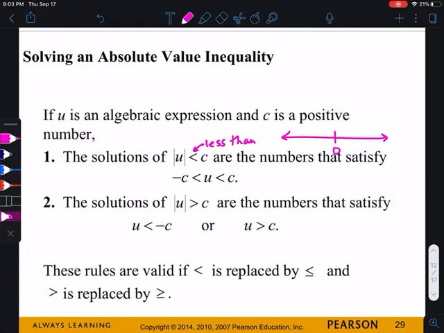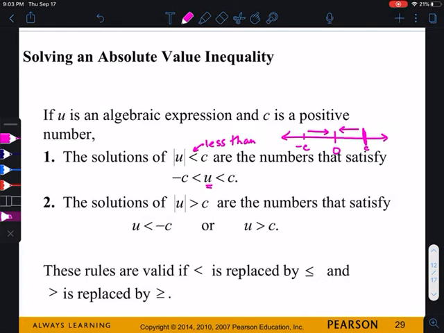If I go c units away and I go negative c units away, if I am less than c units away, my distance from 0 is less than c units away. It's in between those two endpoints for a less than.